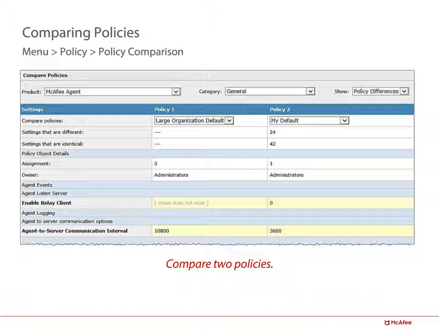You can only compare two policies, but it will tell you how many settings are the same, how many are different, and you have a little virtual highlighter that highlights the different settings. You can also print this to a file where I can look at those different changes in another interface.